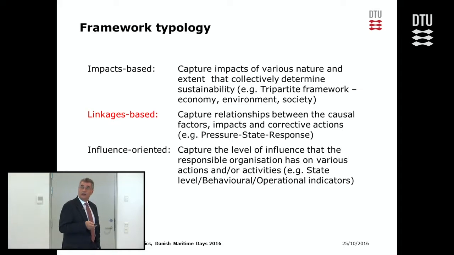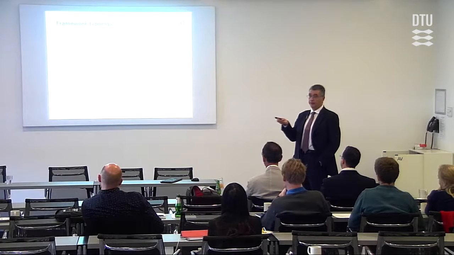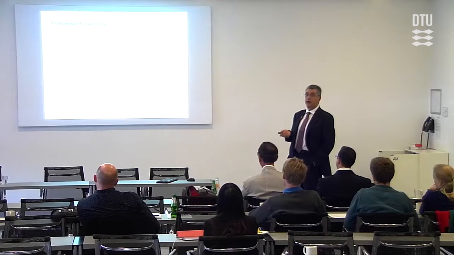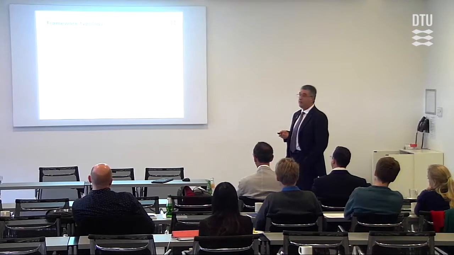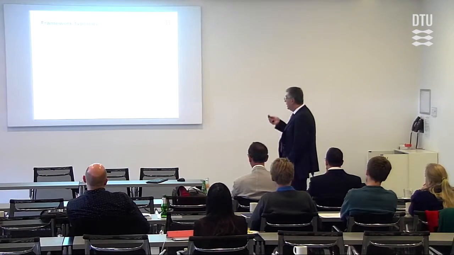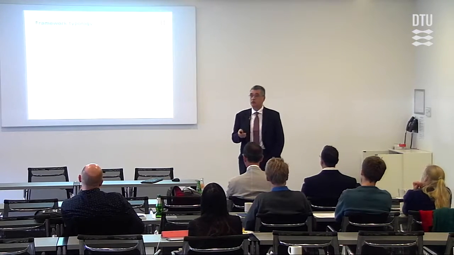And then the last one refers to a specific organization, and it looks into the possibilities that this organization has to affect sustainability. So it includes indicators that have to do with the state of the environment, the behavior of the stakeholders, and the operations of the institution itself.